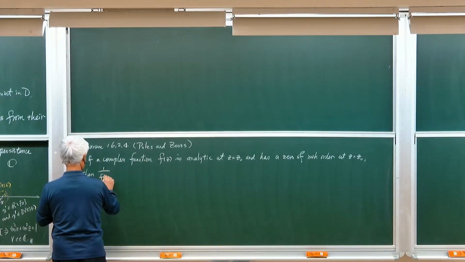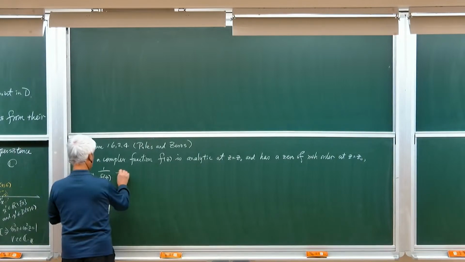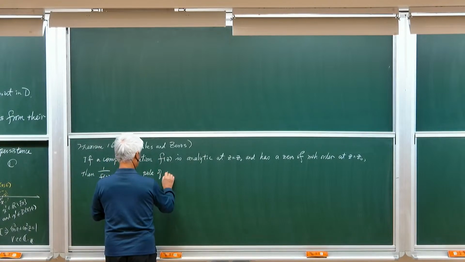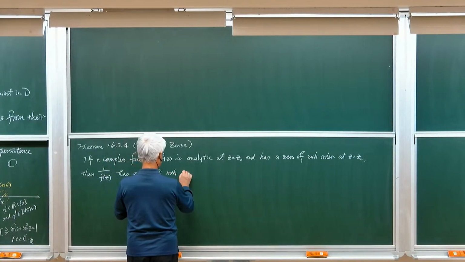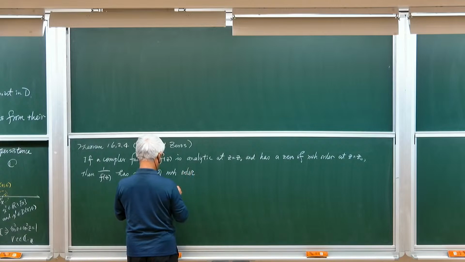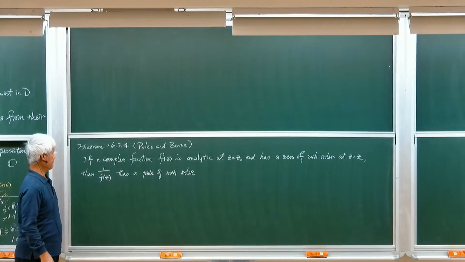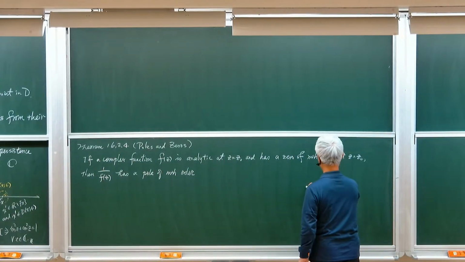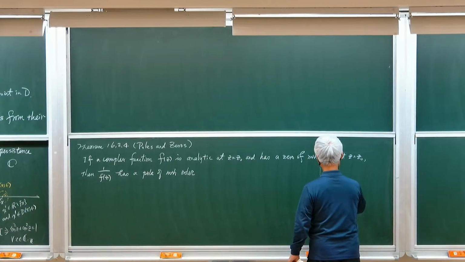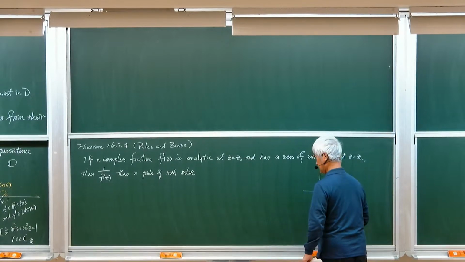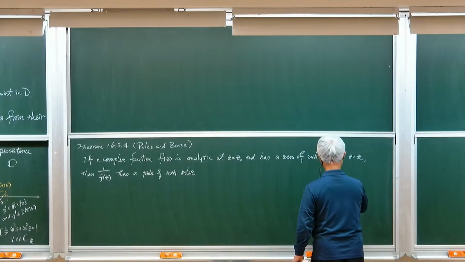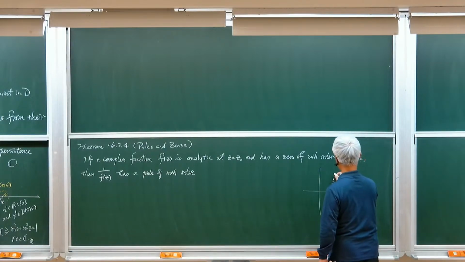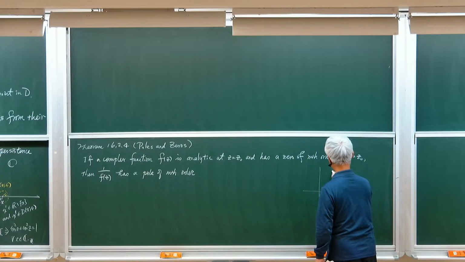the reciprocal of this function has a pole of mth order. Okay, and why does it have a pole? Suppose this is the zero of a function, right? So now we know there is a neighborhood.